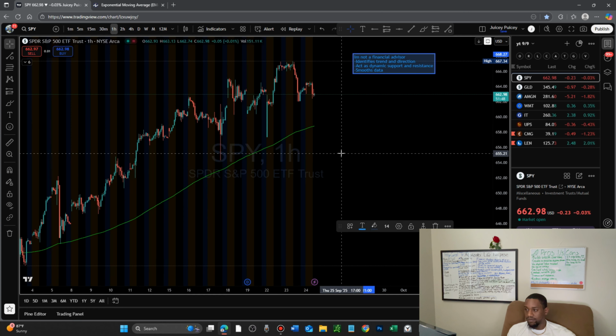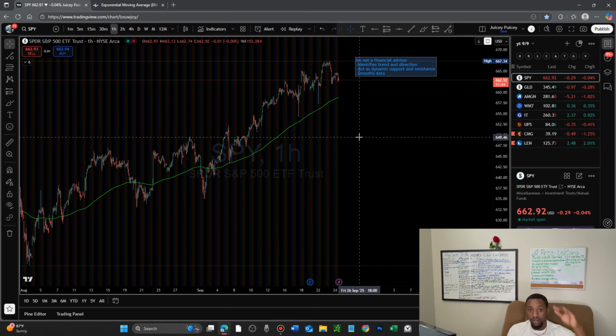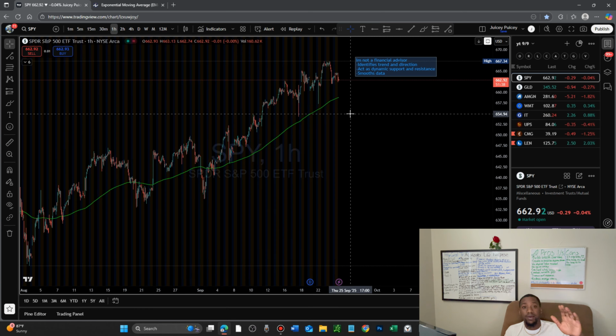never have more in your trading account than your long-term hold or your retirement account. Your retirement account should be bigger than your trading account. That's why I messed up as a beginner. Beginner tip: never have a bigger trading account than a retirement account or a long-term hold account.